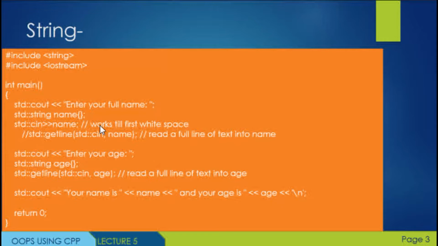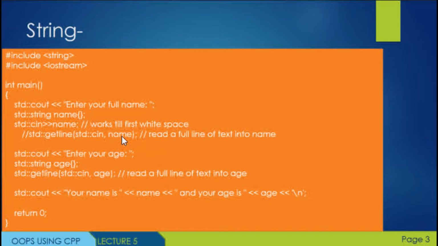So if I type Suman Kumar, it will only take Suman. To avoid that, if you want to have a full line, we need to use the getline method, which accepts a stream and a variable to store the input. Right?